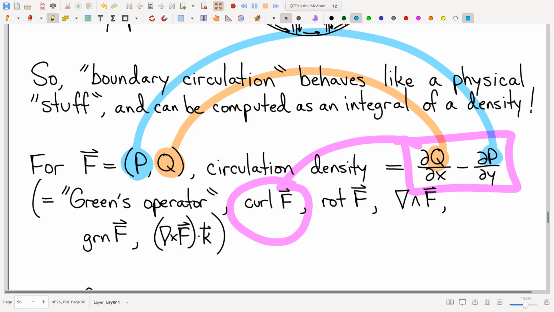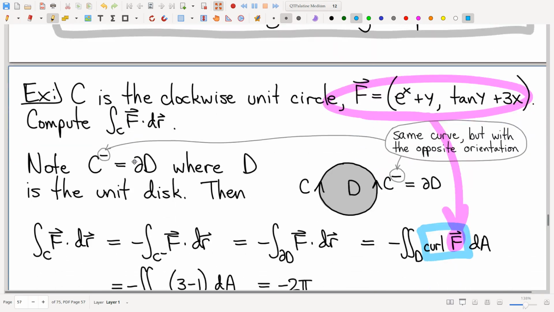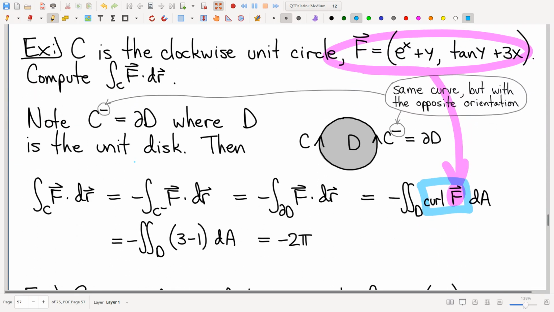And keeping that in mind, easy plug and chug. X partial of the second component is 3. Y partial of the first component is 1. 3 minus 1 is 2.